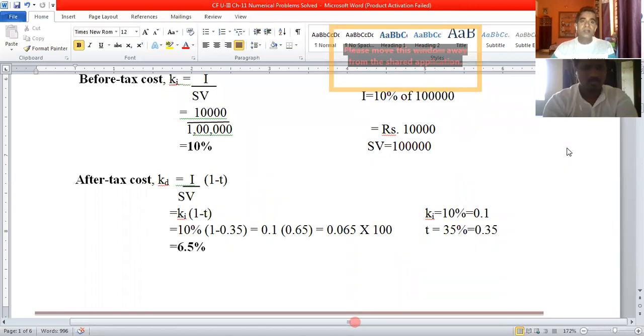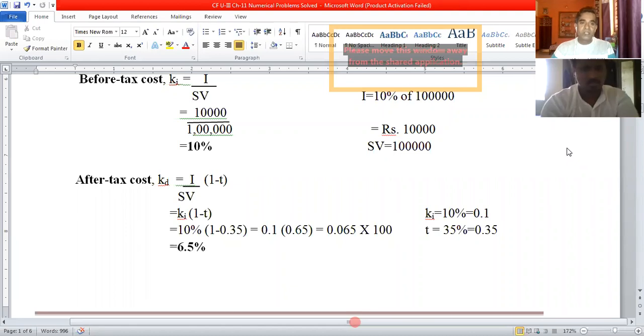SV is the net sale proceeds from the issue of debentures. Debentures are issued at par, discount, or premium, and debentures also may be redeemed accordingly. We learned in the previous problem that debentures can be issued at par, premium, or discount. N is the term of the debt in number of years.